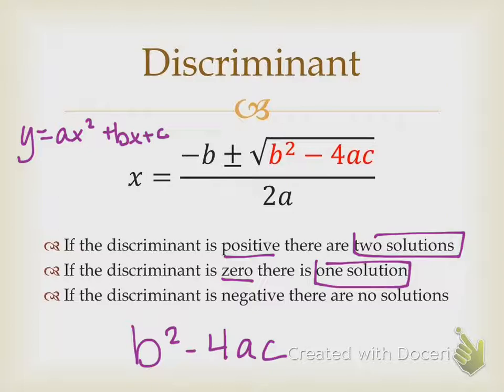And if my answer is a negative number, there are no solutions. So it's just exactly like the ones that we did when we solved for x. If I got a positive, negative answer, it was 2. If I got a 0, it was 1. And if I got a negative number under the radical, it is no solution. So we're going to be using the discriminant to find the roots or the x-intercepts, or sometimes they're even called the solutions to the equation.